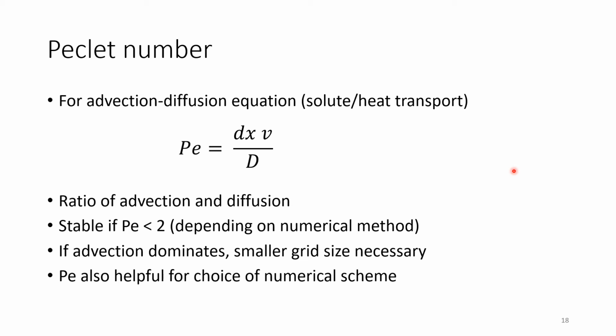And the problem is here that if your advection dominates, you need a smaller grid size to adequately resolve those processes. Because the Peclet number does not depend on the temporal resolution. It purely depends on the spatial resolution. All right.